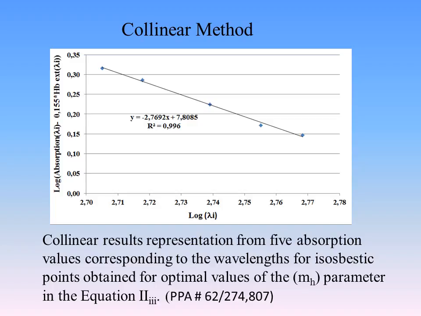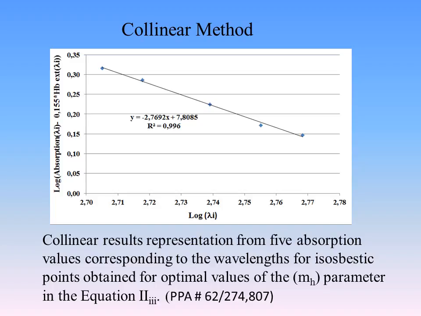And that is the equation of this line. In the equation of this line, minus 2.7 represents the n parameter, 7.8 represents the logarithm of M3, and 0.15 represents the MH, the total hemoglobin.